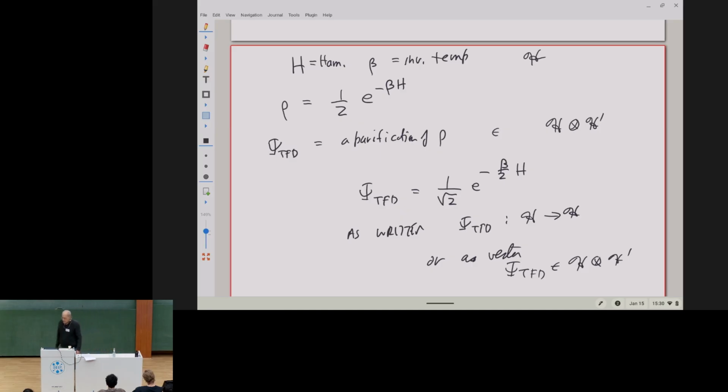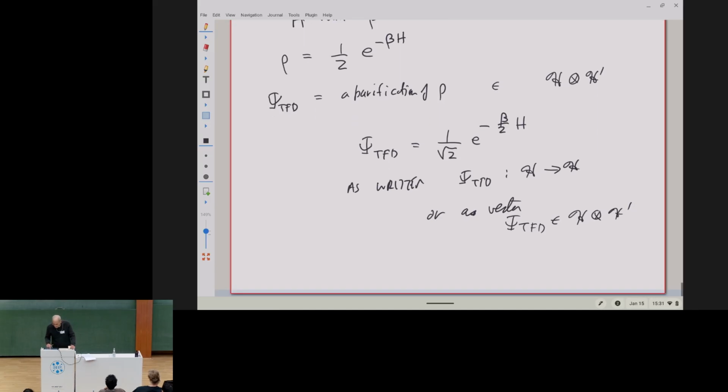Now, as I said, in the majority of informal physics discussions of the thermofield double, you'll find the difference between a Hilbert space and its complex conjugate ignored. That's natural if you have a time reversal invariant system with T squared equals 1. But anyway, it's what people usually do, so it's what you'll usually see.